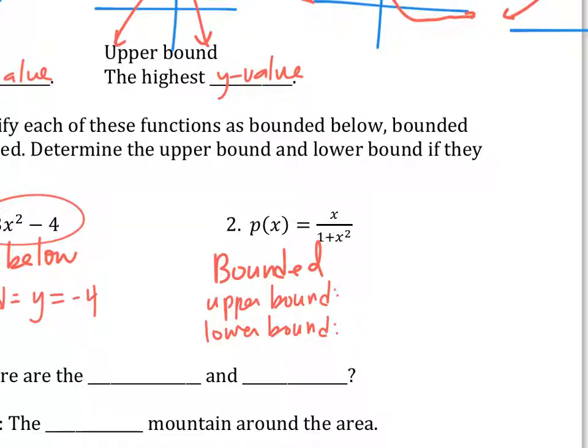Okay, what is the upper bound if you found it? It's not 1. I don't think it's 1. Yeah, 0.5. And what is the lower bound? No, it's not -1. Yeah, -0.5.